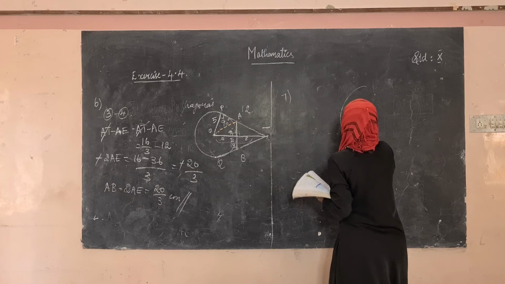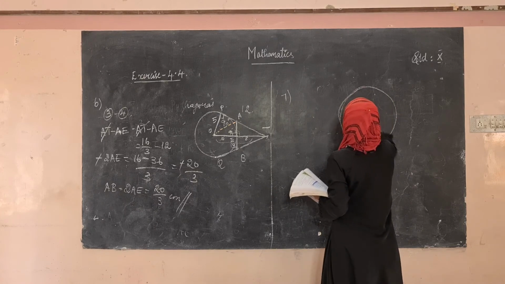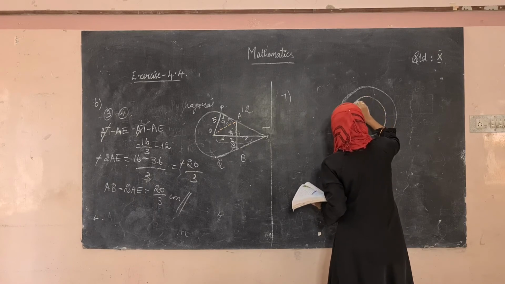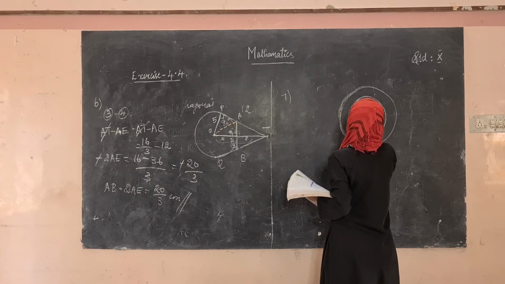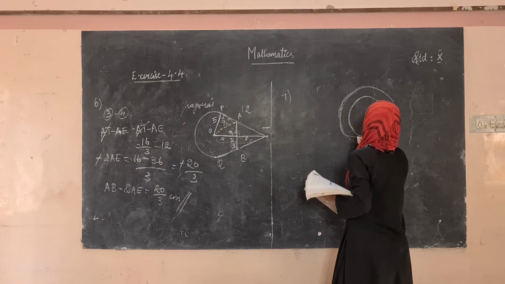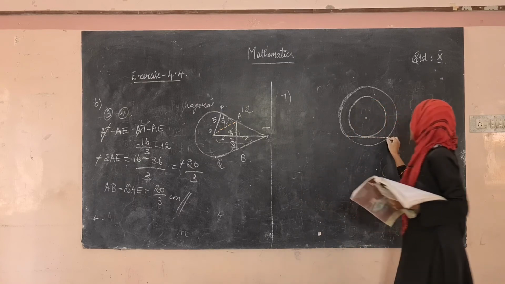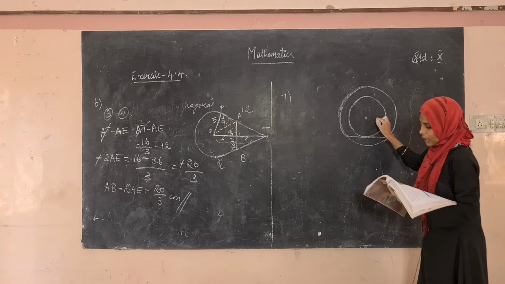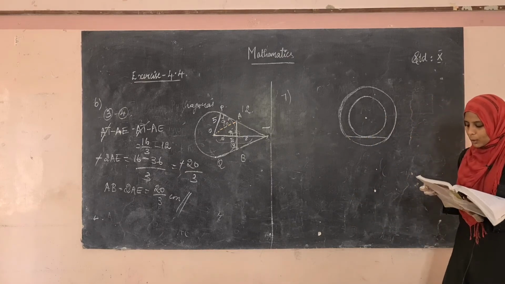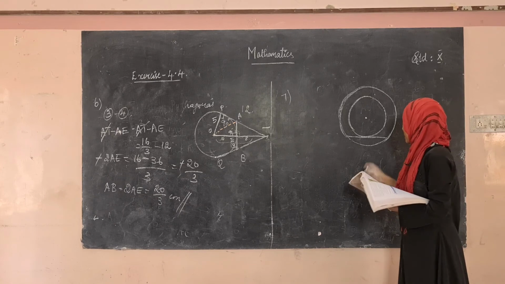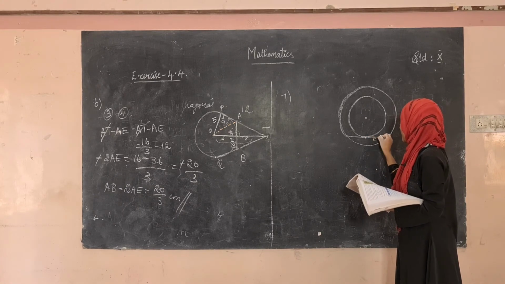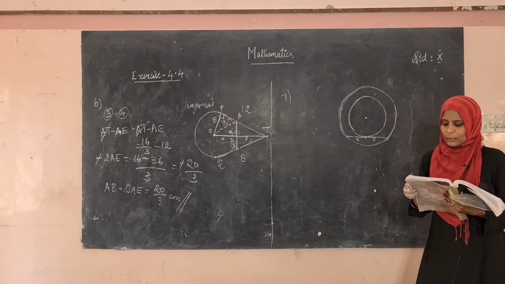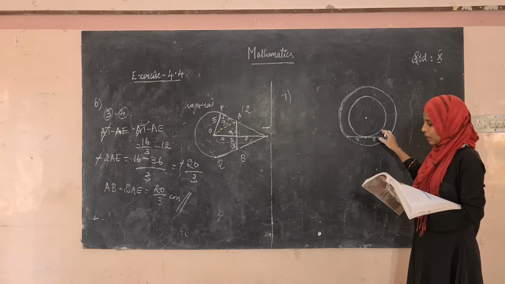Two concentric circles means another circle will be inscribed in this circle. So this be the center. A chord of the larger circle will be the tangent to the inner circle. That is what they have given in your book. A chord of length 16 centimeter, so this is 8 centimeter, this is 8 centimeter, because the total length is 16 centimeter, becomes a tangent to the smaller circle whose radius is 6.